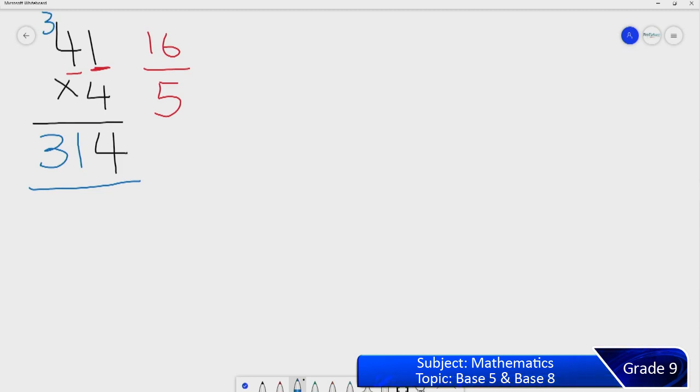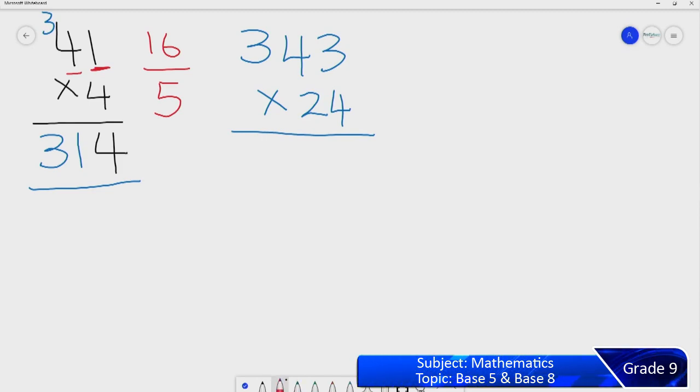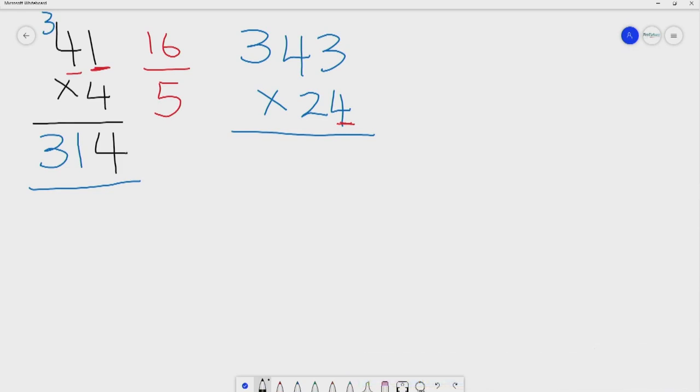Next example that we're going to work, 343 multiplied by 24. So we start with the digit furthest to the right and we multiply. 4 multiplied by 3 gives us 12.